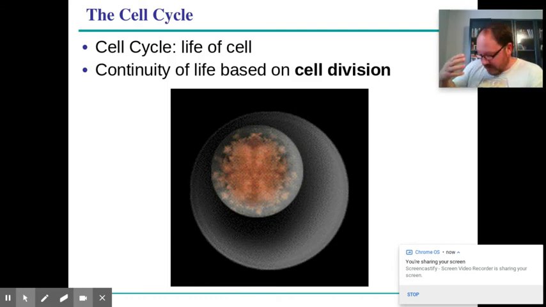The cells that make up you are descended from cells that you inherited from parents and on back in time. It's a remarkable continuity of life that's existed over time, and now you're lucky enough to possess some of that inheritance of life. So in this chapter, we're going to look at how cells go about dividing.